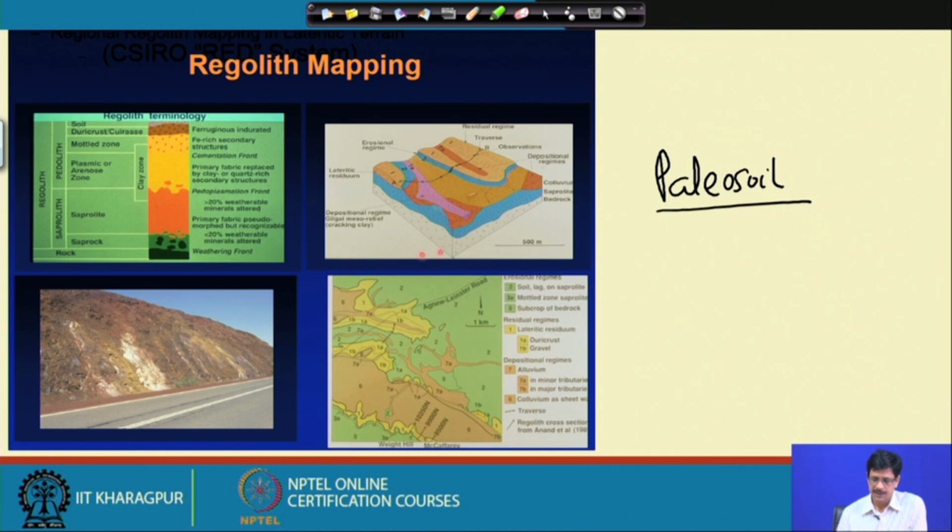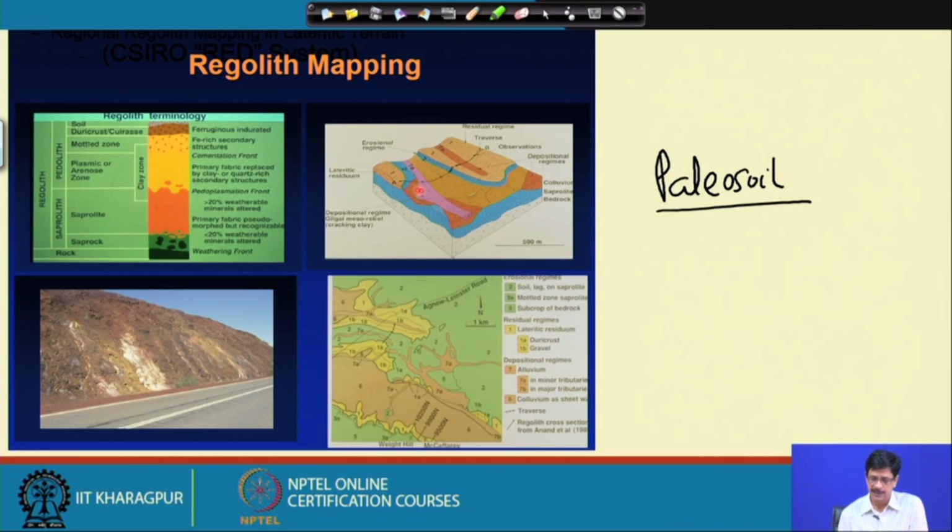and so this regolith profile needs to be studied well, and if there is a plan of carrying out geochemical prospecting in an area, then the regolith profile has to be understood very properly.